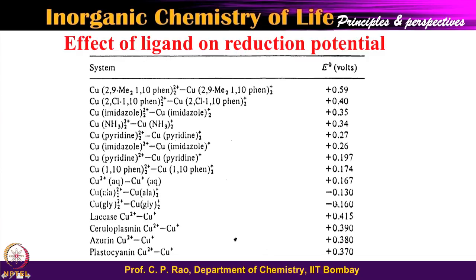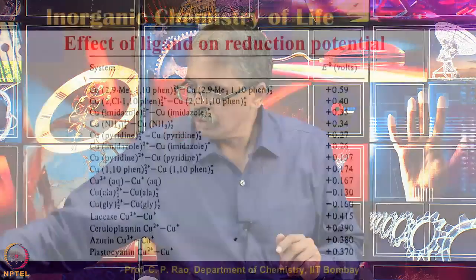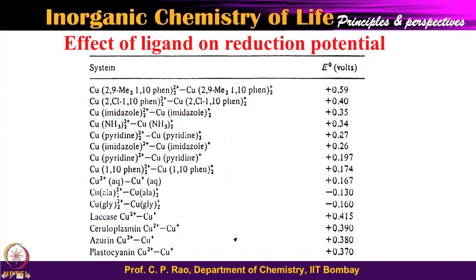So, therefore, redox potentials are dependent on what is directly bound to the metal center. They are also dependent on the protein conformation as well. All those parameters will affect. So, going from nitrogens to the oxygens to the negatively charged oxygens, carboxylates, etc., the potential decreases.